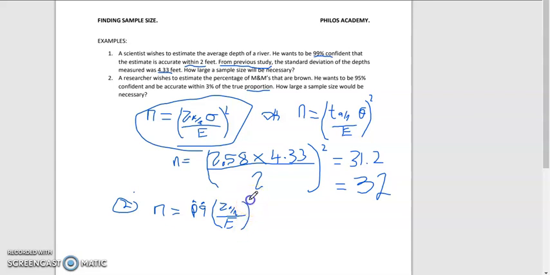This square affects only what is in the bracket. It's not affecting the P hat and the Q hat.